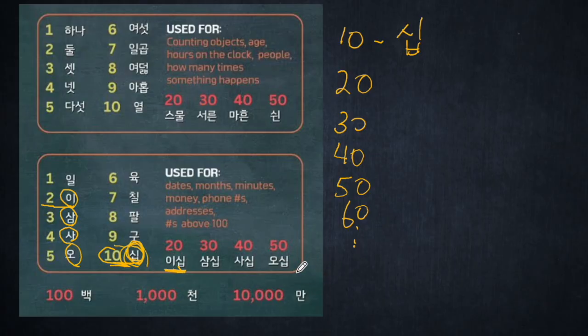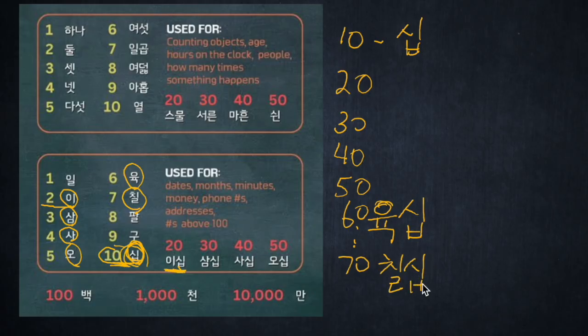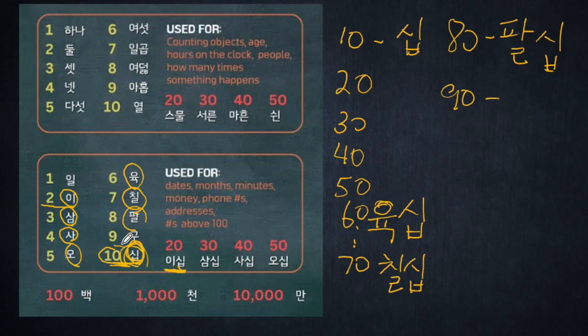Then 60, I don't have a 60 here, but 60 will be 60. 70 will be 70. 80 will be 80. 90. It'll be 90.